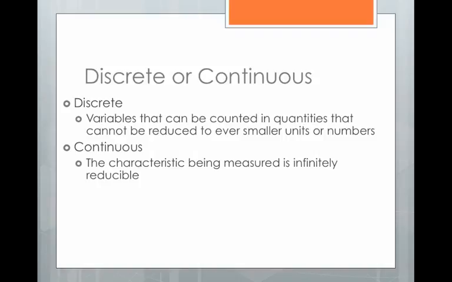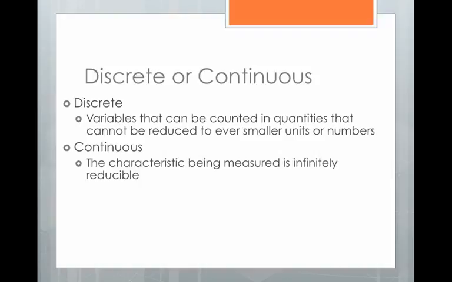One last thing to talk about is whether a variable is discrete or continuous. This applies to our numeric level variables. A discrete variable is a variable that can be counted in quantities that cannot be reduced to ever smaller units or numbers. So it can't be divided. You can't have halves or pieces of the whole. A continuous variable, though, is something that's being measured as infinitely reducible.